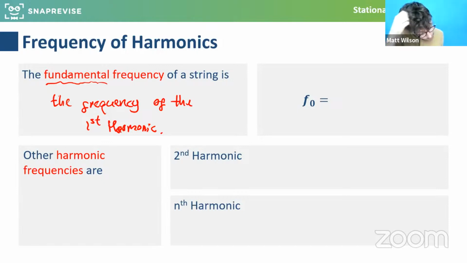Now we have a formula for the smallest frequency you can fit on a string, the frequency of the first harmonic, in terms of some material properties of the string.